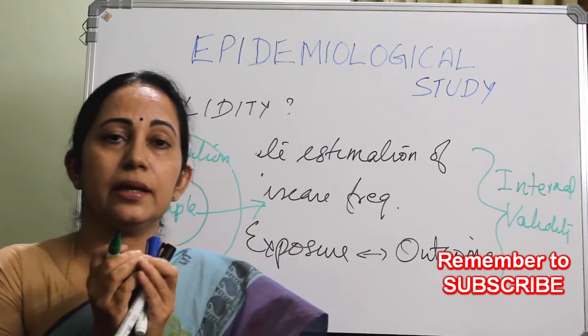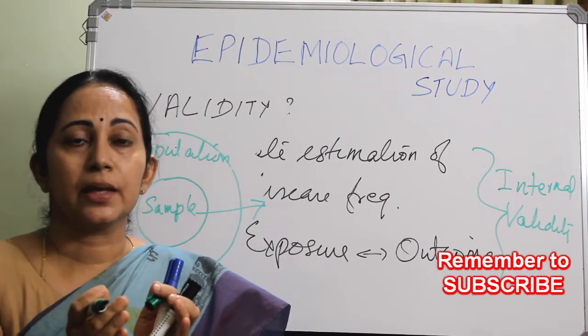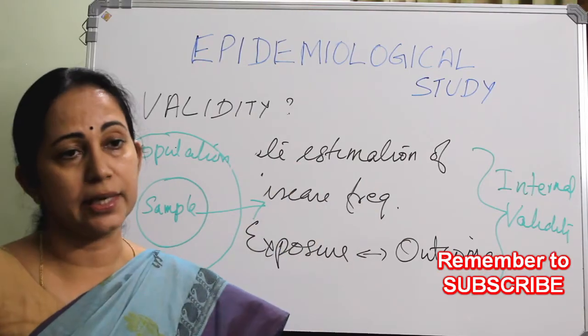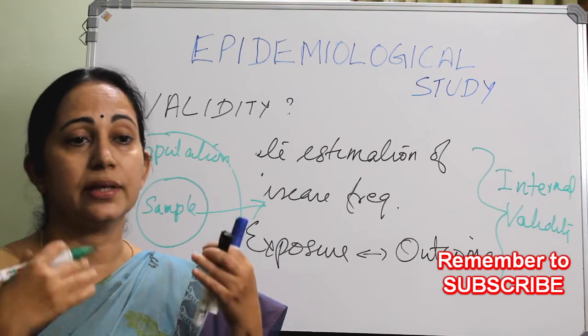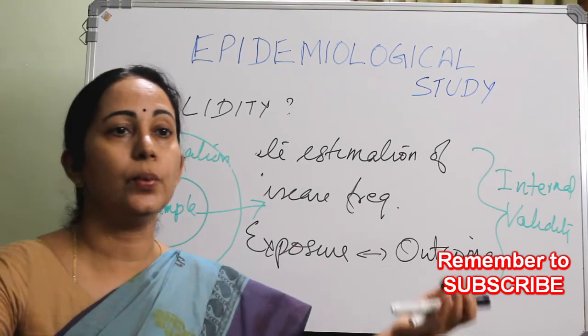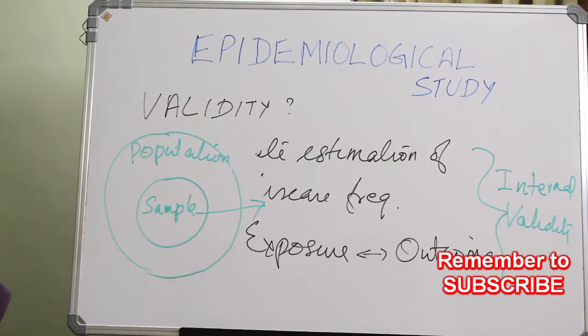If I am studying the effect of depression in post-COVID patients in a small sample, I have to generalize the effects or the results of the study to the whole population, right? So that is called external validity.